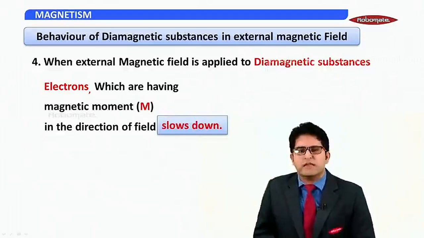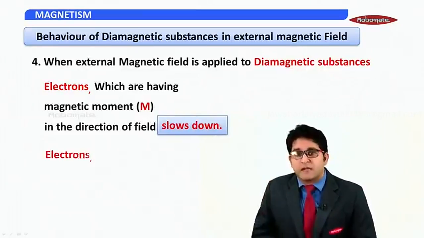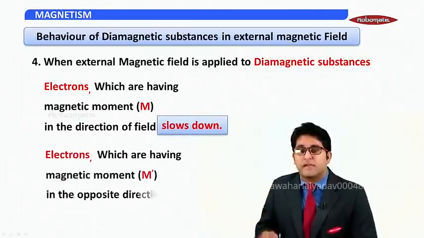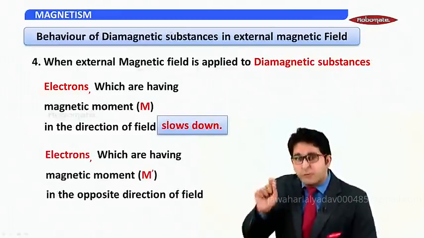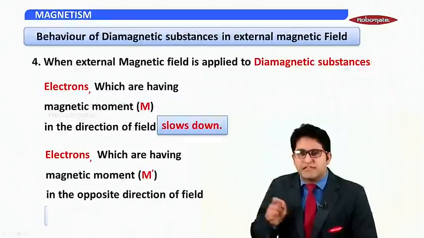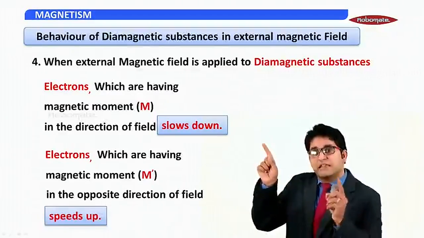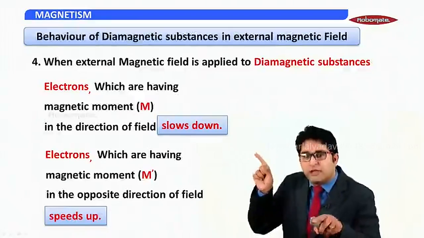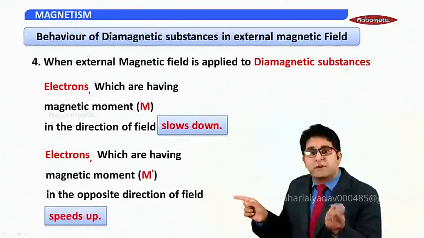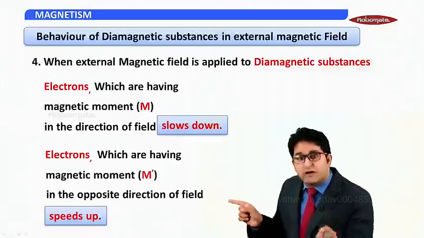And those electrons which are having magnetic moment, let's say m dash, in the opposite direction of field, these electrons will speed up. So those electrons having magnetic moment in the direction of field will slow down, and those having magnetic moment in the opposite direction of field will speed up.